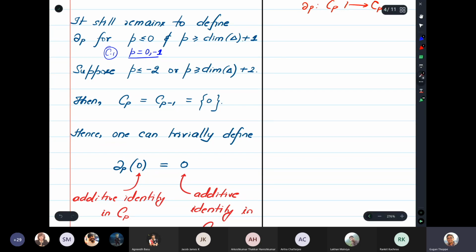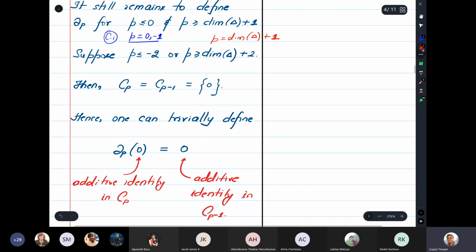Instead, let's focus on the case where p is less than or equal to -2, or p is bigger than dimension of delta plus 2. Here we are not looking at the case where p equals dimension of delta plus 1, because this also we will deal with separately. So let's look at this case and this case.